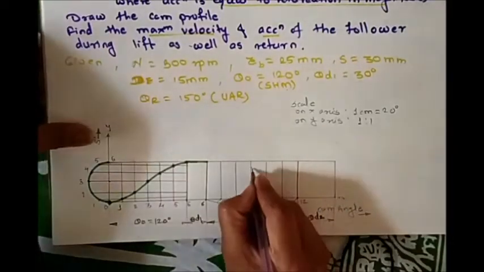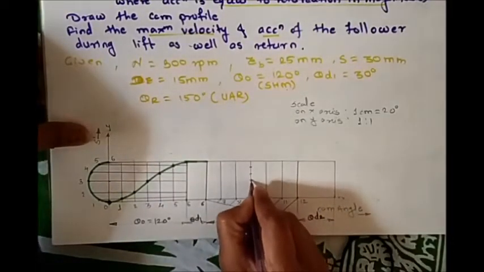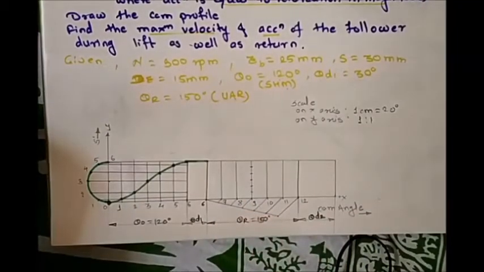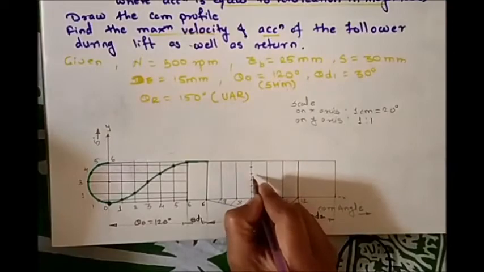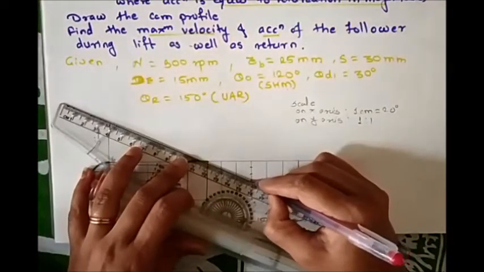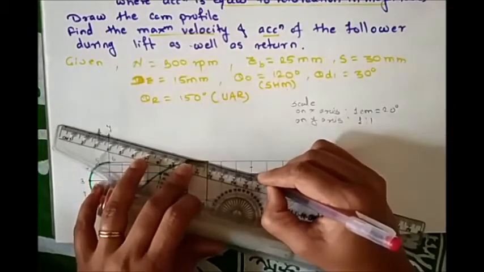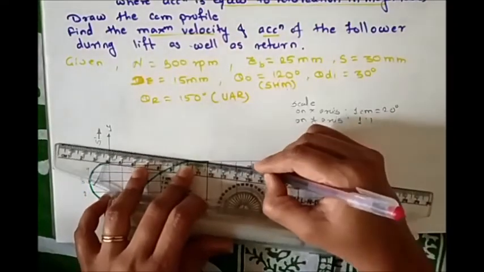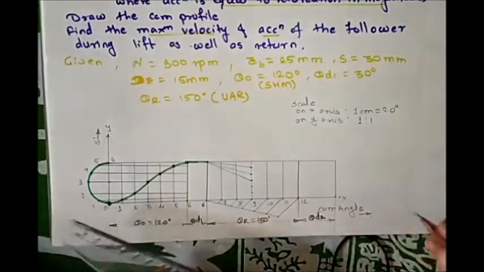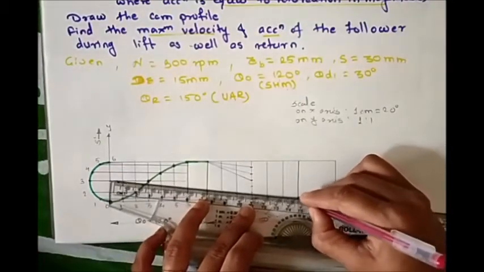So here we have the 6 points on the middle vertical line. Now join the first 3 points with the upper corner of the return stroke. Similarly, join the last 3 points with the lower corner of the return stroke.